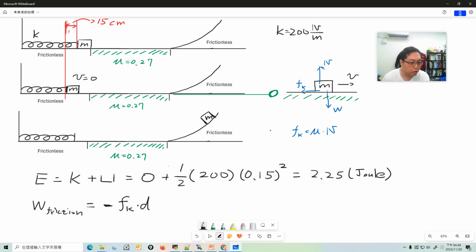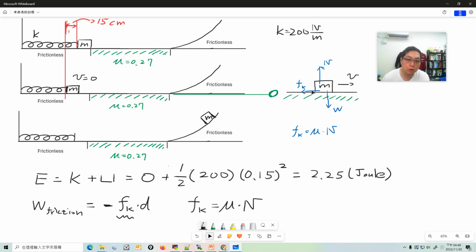So what is the friction force in this problem? It gives you the friction coefficient, nu equal to 0.27. In the previous lecture we saw that the friction force equals the friction coefficient times the normal force. Here is the free body diagram of this mass moving on the rough surface.